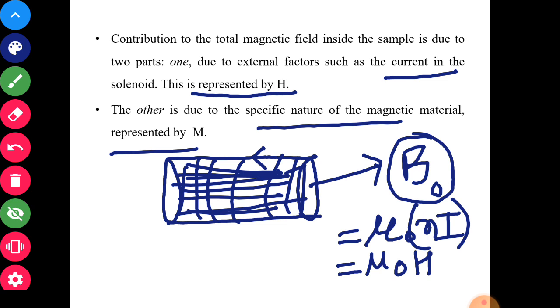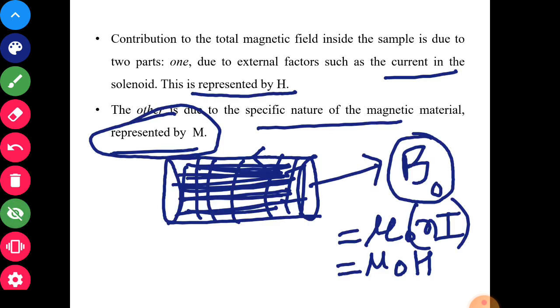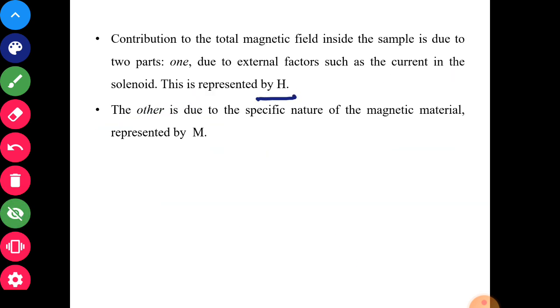This specific nature of the material placed inside the solenoid is represented by magnetization, that is magnetic moment per unit volume. Different materials have different magnetic moment per unit volume. So the magnetic field inside is due to the current passing through the solenoid, represented by H, and the other is the substance you place inside the solenoid.